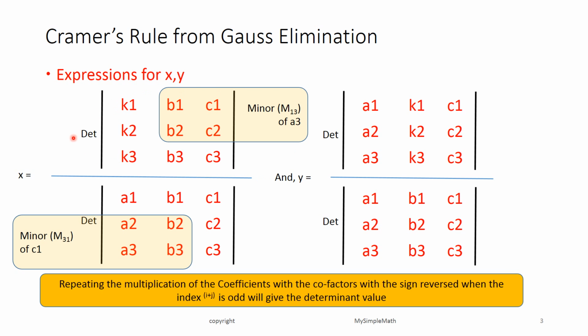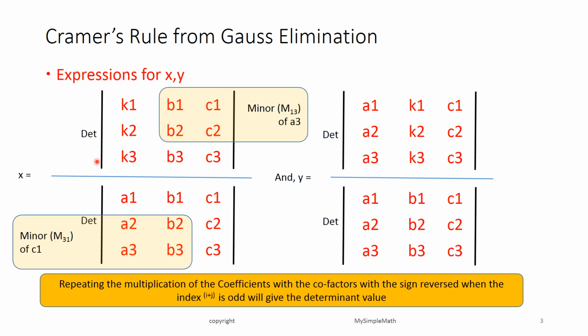The top determinant has the k values replacing all the a values, a being the coefficient of x, and the bottom is the denominator with the same values as the coefficients a1, b1, c1, a2, b2, c2, a3, b3, c3. Now, an interesting question was, why are we using this ratio of the determinants and what is the benefit compared to our original equations?